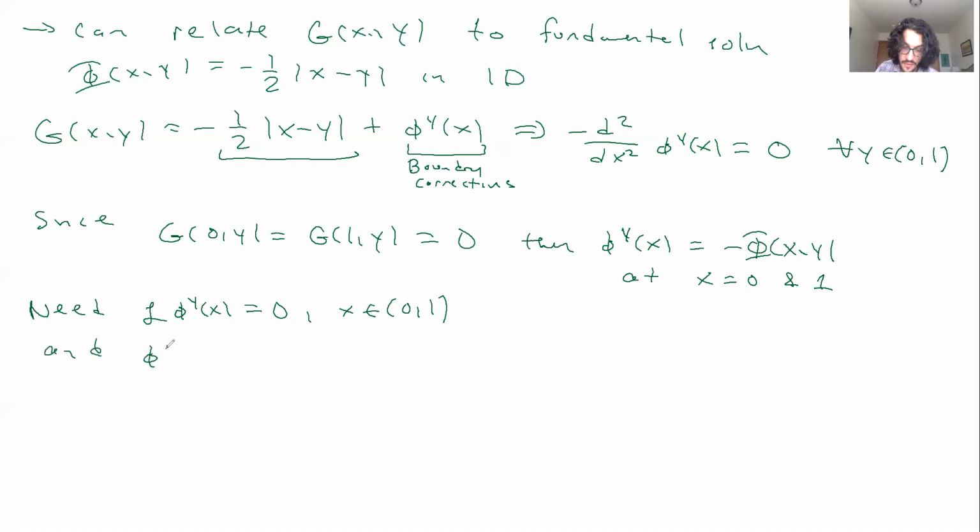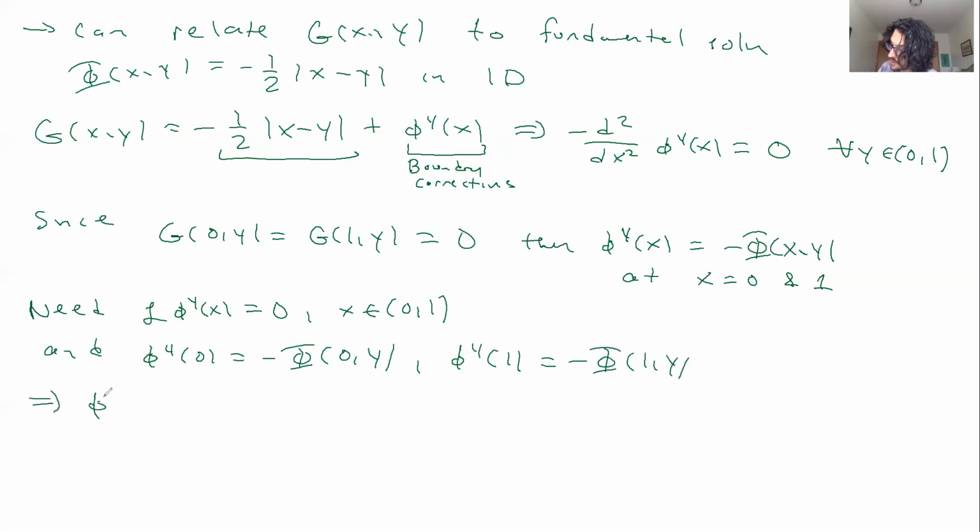And phi_y of 0 is equal to minus big Phi(0,y). Little phi_y of 1 is equal to minus big Phi(1,y), okay? Phi_y of x is equal to a(y)x plus b(y), right? It should just be a linear function because it vanishes when you differentiate it twice. And these are constant in x, so they'll go away as we differentiate.